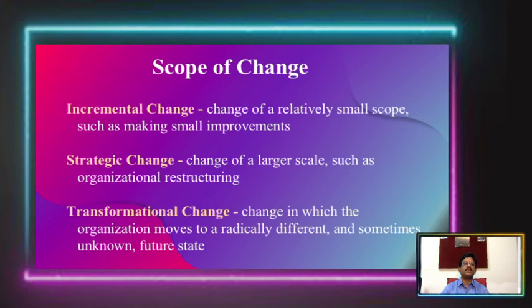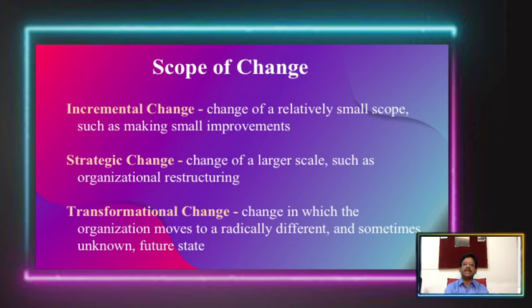So in this context, you can see the scope of change. Incremental change is one aspect, strategic change is another one, and the third one is transformational change. So these are the three aspects in the scope of change. Incremental change is a change of relatively small scope, such as making small improvements.